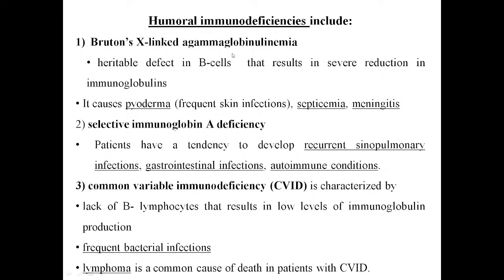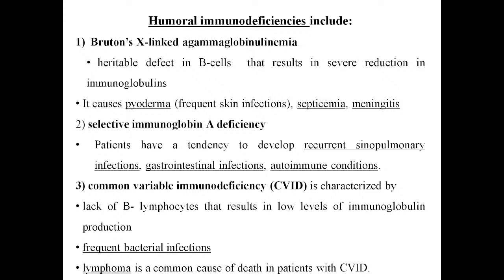So from this name, we can understand there are no antibodies. Bruton X-linked agammaglobulinemia is a heritable defect in B cells that results in severe reduction in immunoglobulins, severe reduction, absence of immunoglobulins, of all immunoglobulins.